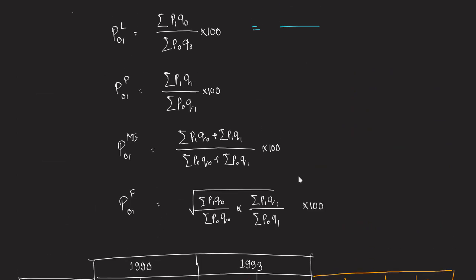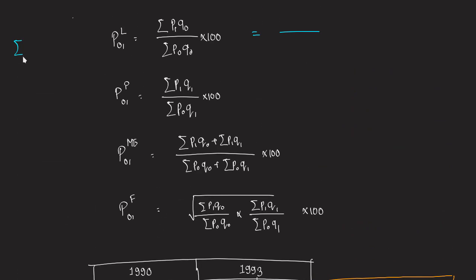Let me write summation P1 Q0 is 1420, summation P0 Q0 is 1040, summation P1 Q1 is 1448 and summation P0 Q1 is 1056.